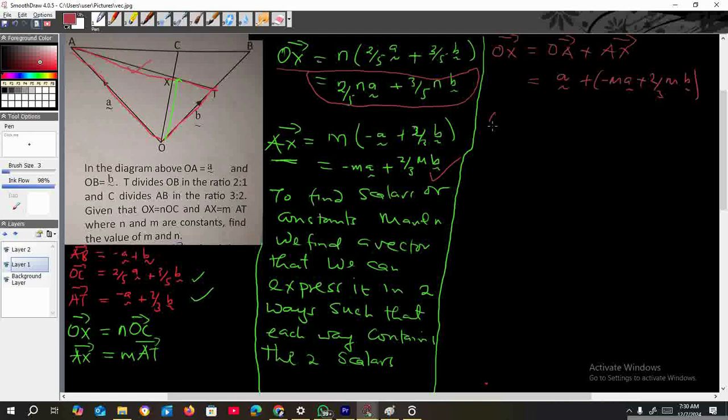So that means OX in this way will be vector A minus M vector A plus 2/3 M vector B. And because these are just the same vectors, this OX is just the same as this OX, but the OX that is expressed in this color just be the same as the OX that is expressed in this color. So we write them and equate them.